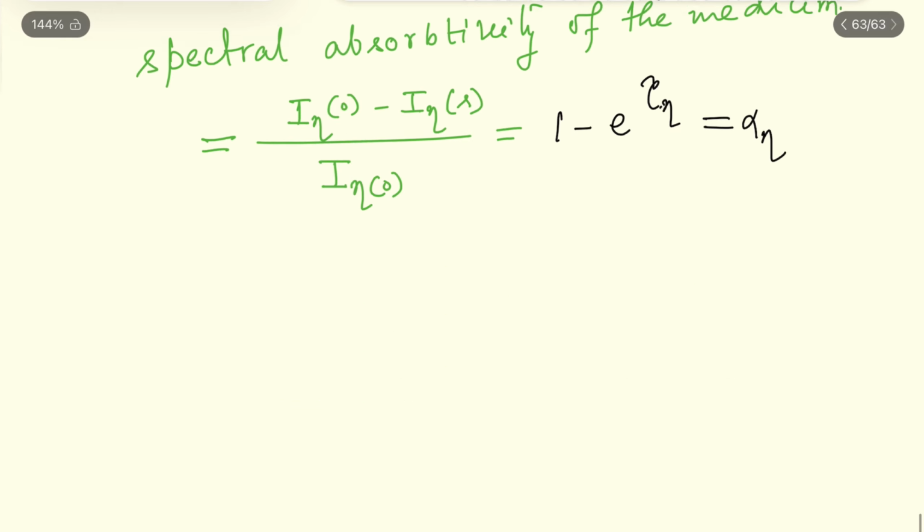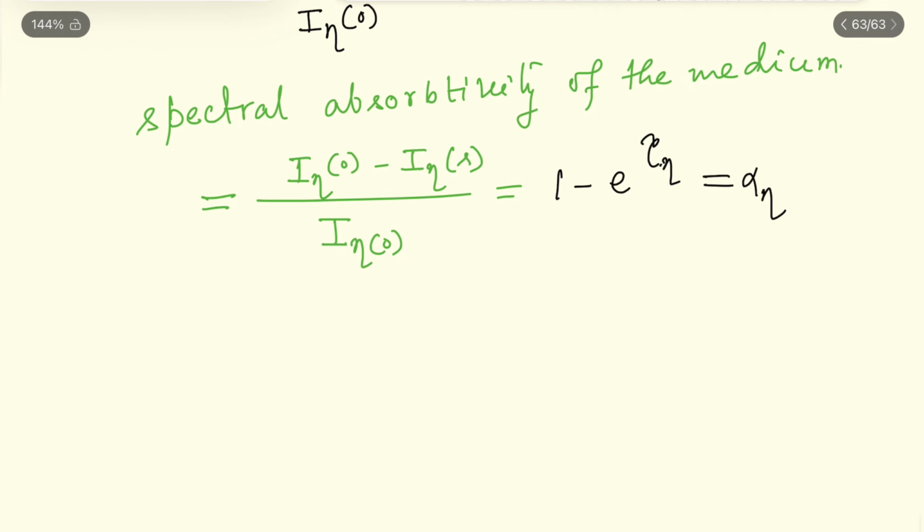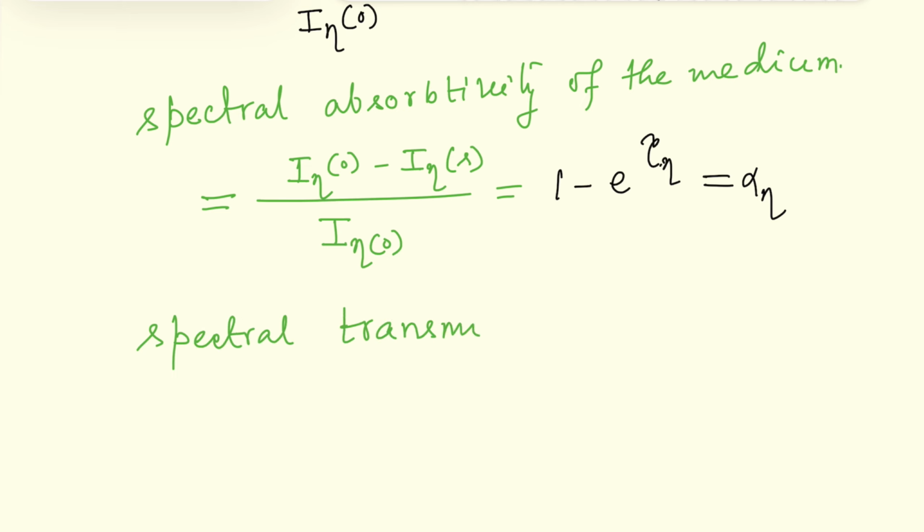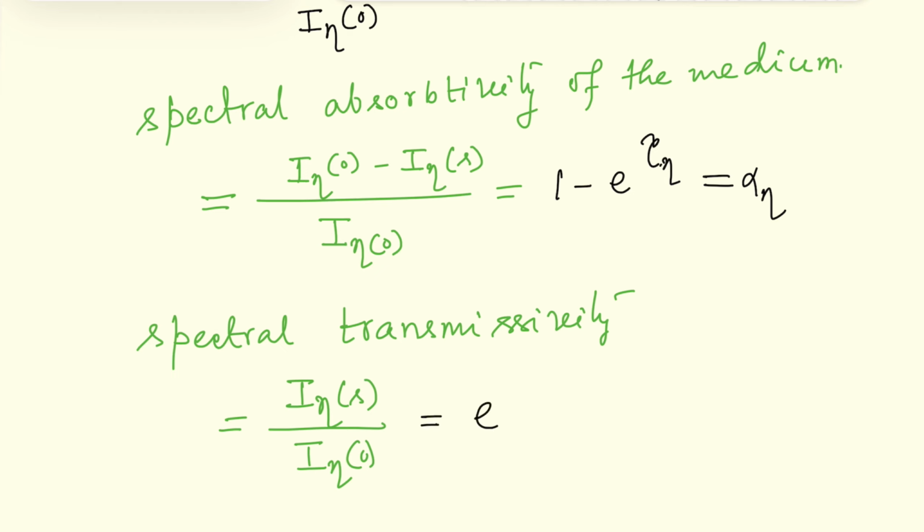Okay, and we also know that my transmissivity, so if I write this directly, spectral transmissivity, that is equal to directly how much is outgoing from the medium and how much was supplied to the medium, and that will be equal to directly e to the power minus this one.